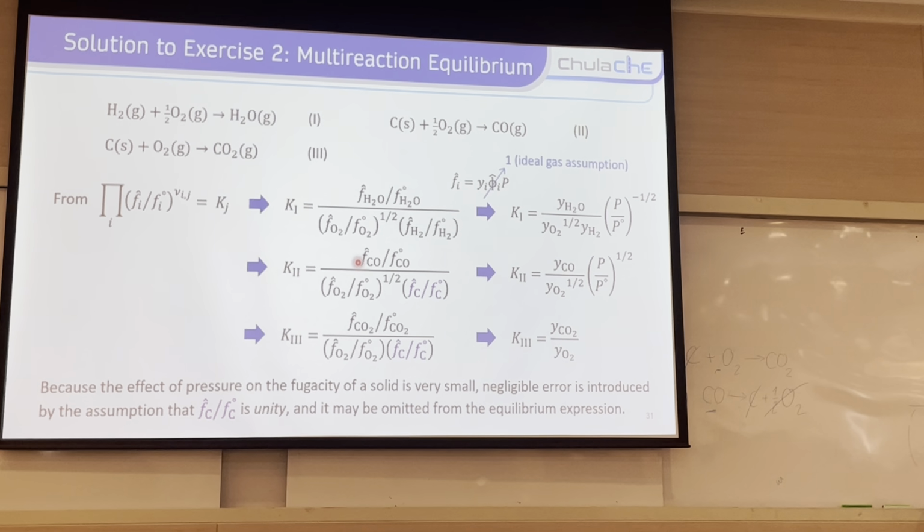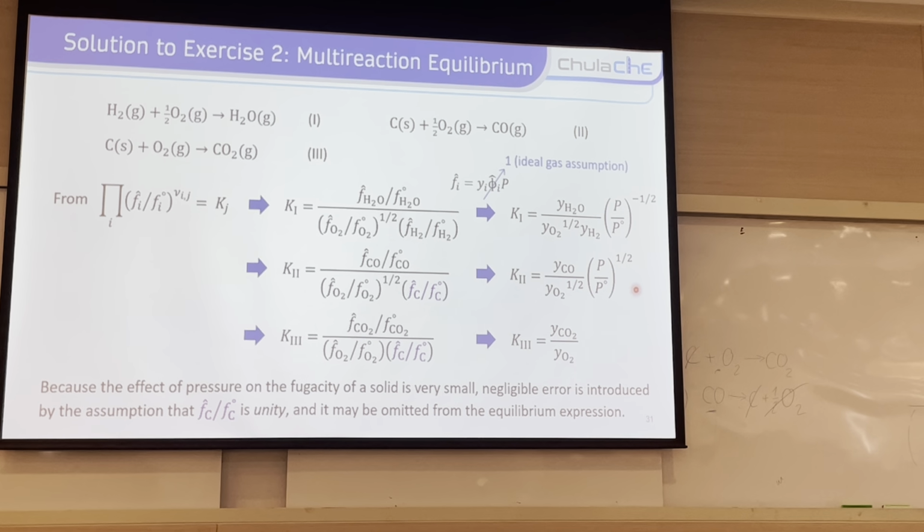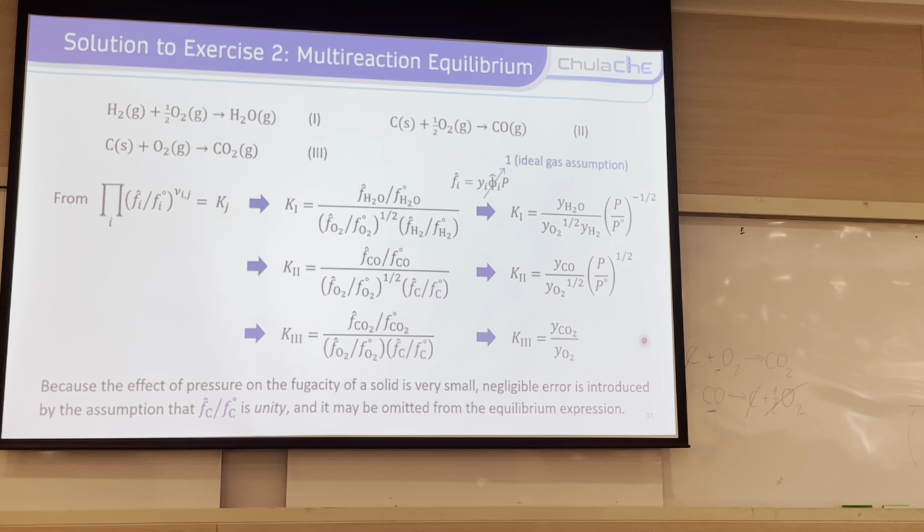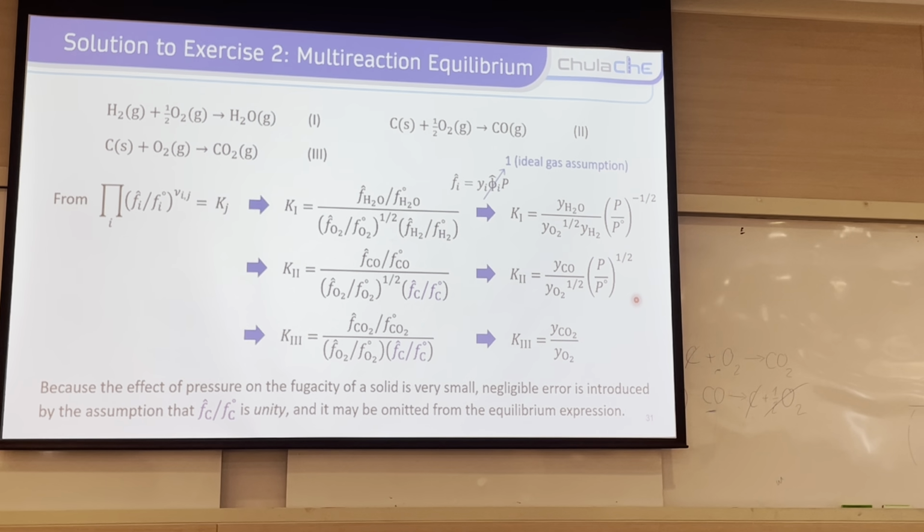It's like what we have done in the previous example. So you just list all the mole fractions, list all the fugacity ratios, and then you can eliminate the standard state equation together, and then you get the final equation looking like this.